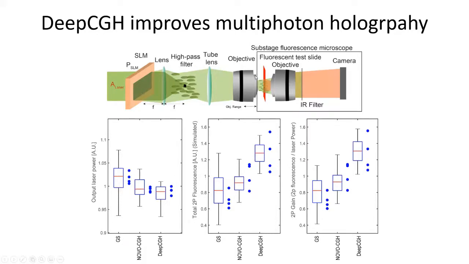But if we scan in 3D and look at the total brightness or the piecewise brightness in every spot in the target that we're trying to represent, we found that as you go through better, more accurate holograms, there is a lot more 2-photon excitation and 2-photon fluorescence happening in the targets that you're trying to observe.